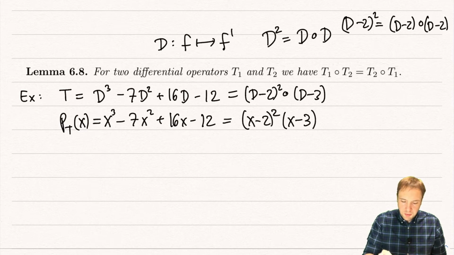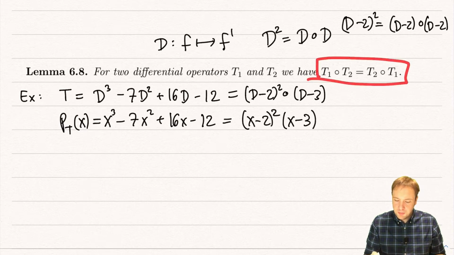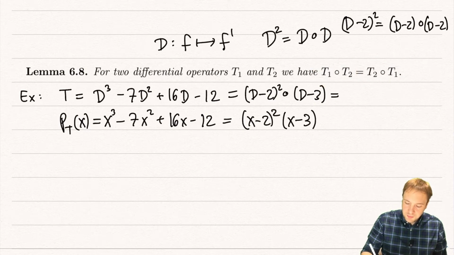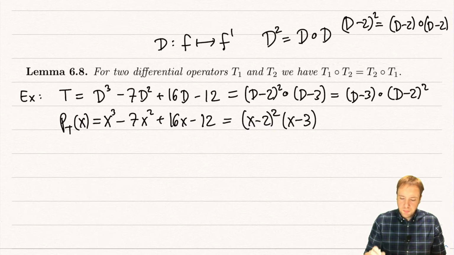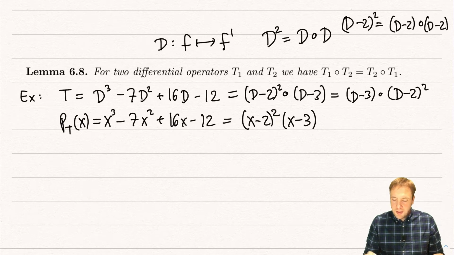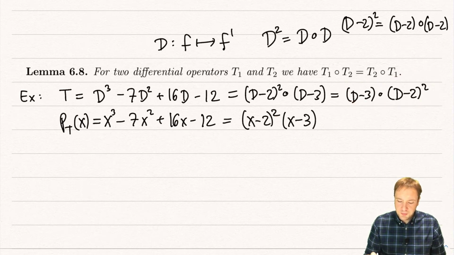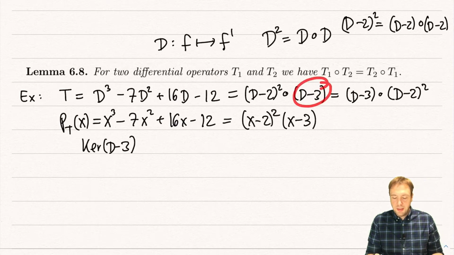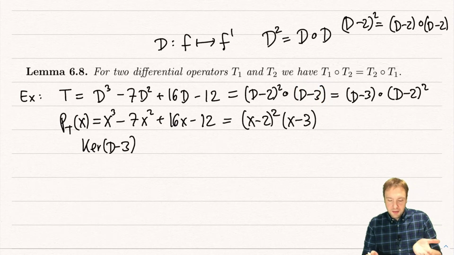And now by this lemma, it doesn't matter in which order we apply these operators. So this means that this is also the same as d minus 3 concatenated with d minus 2 squared, similar to the usual multiplication. And this will be important because now we see that if something is in the kernel of, let's say, d minus 3, so the kernel of d minus 3, these are all functions such that if I apply d minus 3 to this function, then it's 0.